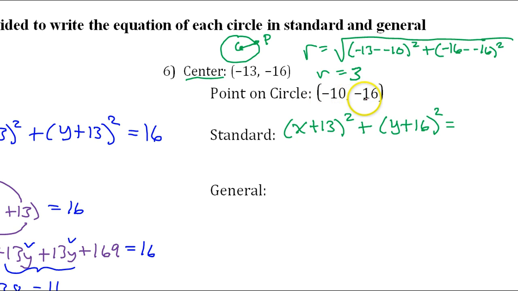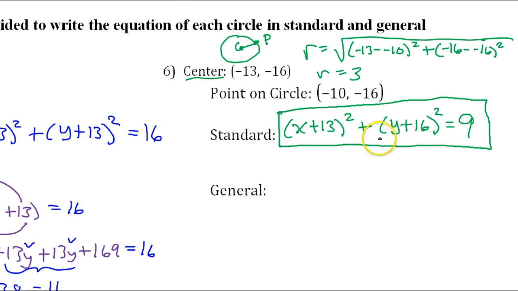Okay, so the radius is 3. Now remember, right here is supposed to be r squared in this formula. So I'm not going to put 3 right here. What am I going to put? Yeah, I'm going to put 9. That's a fact. Okay, so that is the standard form, my friends.